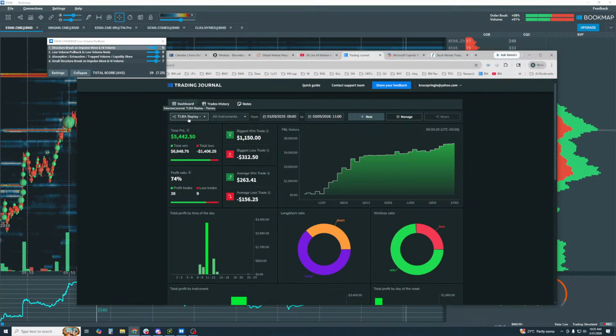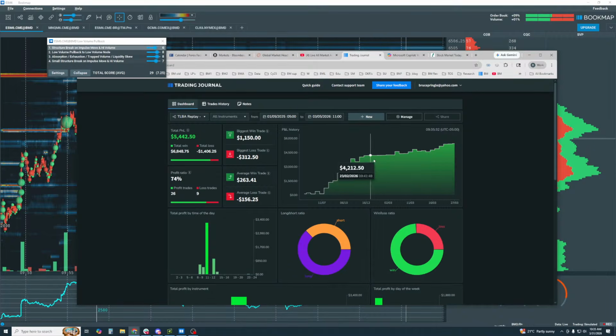So anyway, here's his journal. It's in replay mode, trendline break accumulation. Oh right, he's in Asia. Anyway, you can see his P&L. The P&L in replay mode doesn't really matter, nor does the profit ratio.